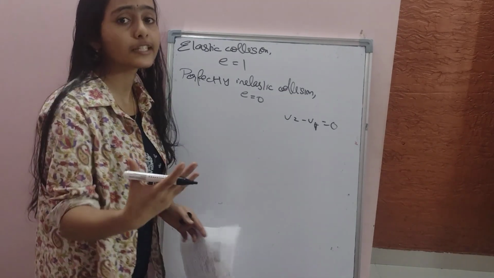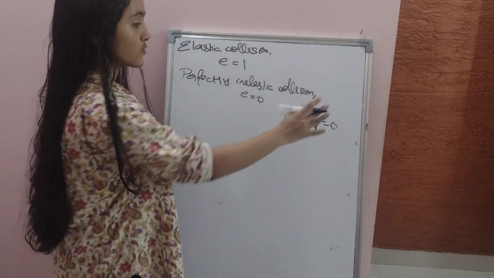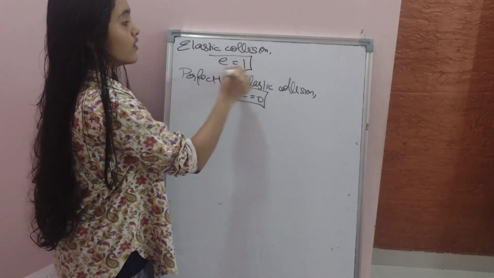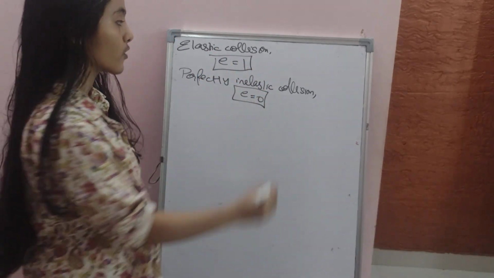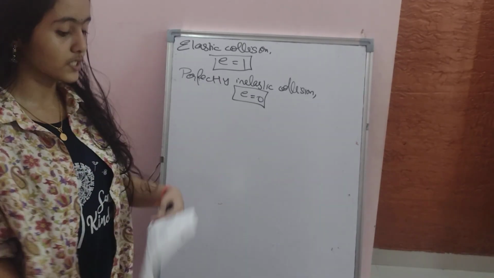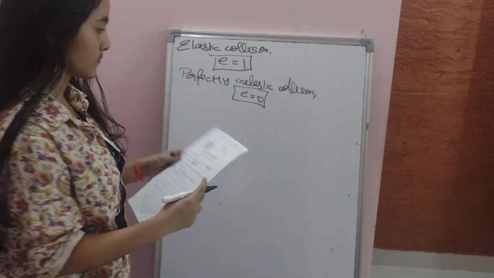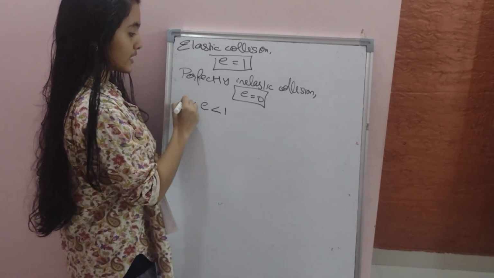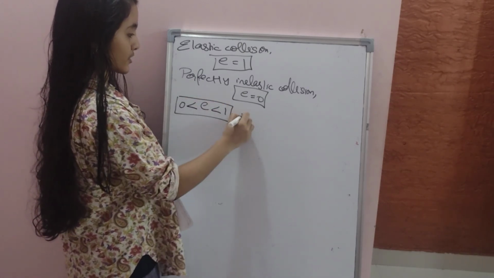So what will be the relative velocity of separation? There is no such thing. So that is 0. Therefore E value is 0 for a perfectly inelastic collision. For elastic collision, E value is 1. For perfectly inelastic collision, E value is 0. So obviously E value is less than 1 and greater than 0 for any inelastic collision.